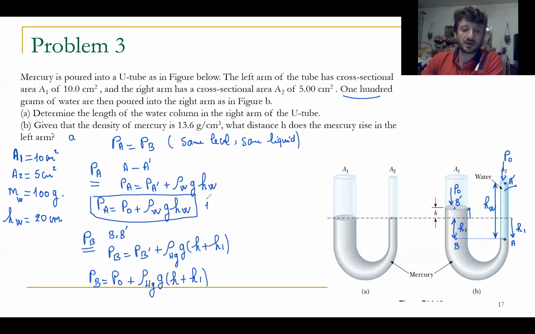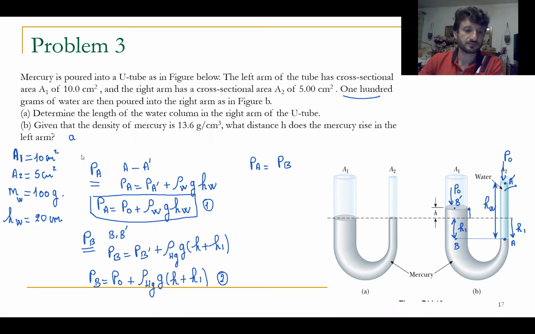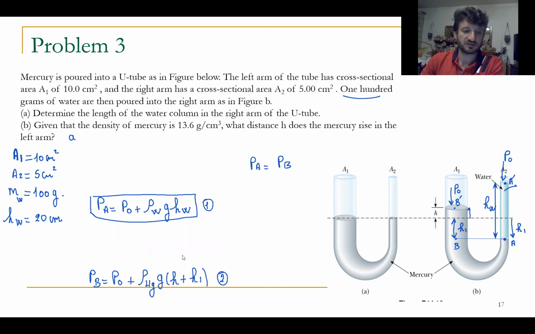So we have equation 1 and we have equation 2. If I write PA equals PB, let me clean this one, and this one.